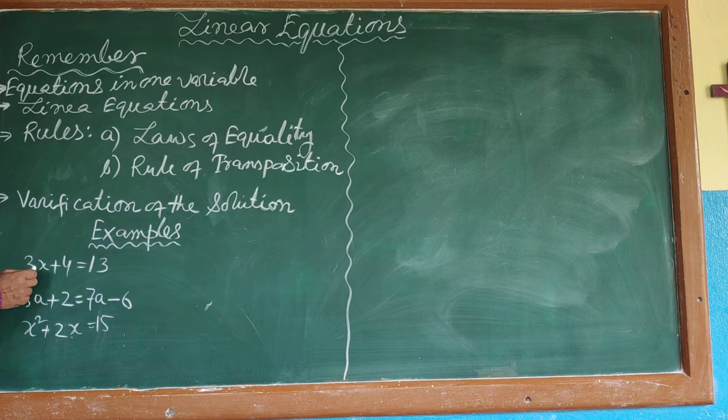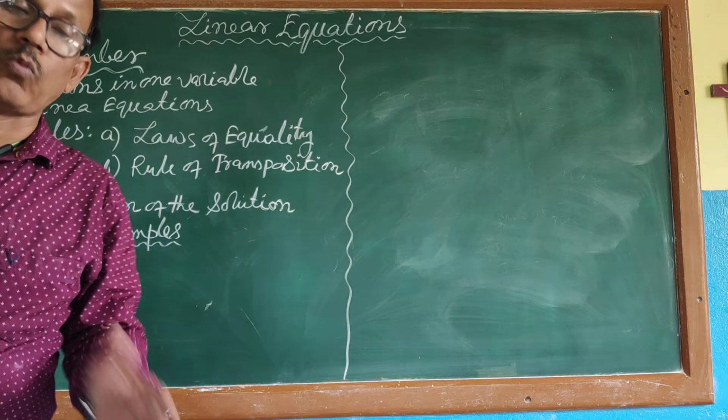In this whole line you will find only one variable, that is x. No other variable is there. That is why this type of equation is called a linear equation in one variable.